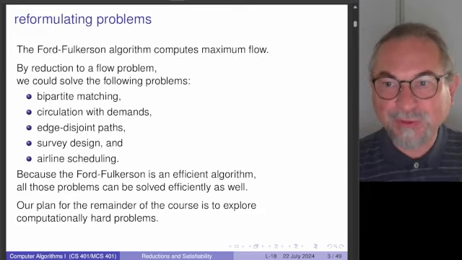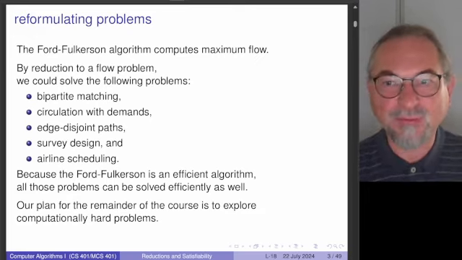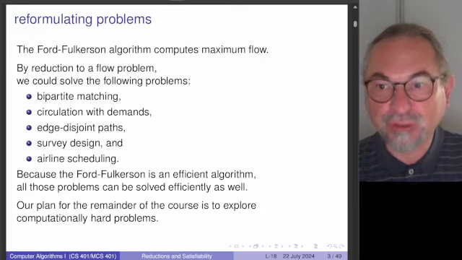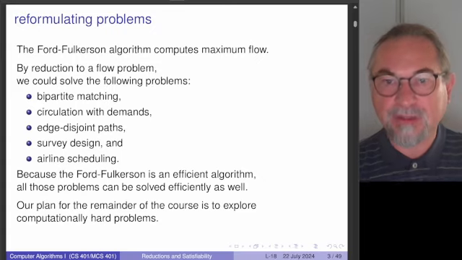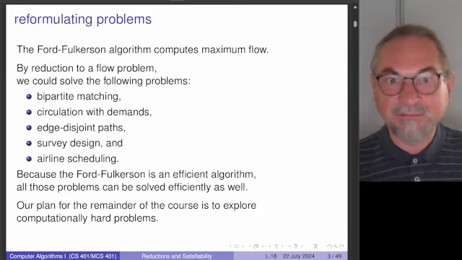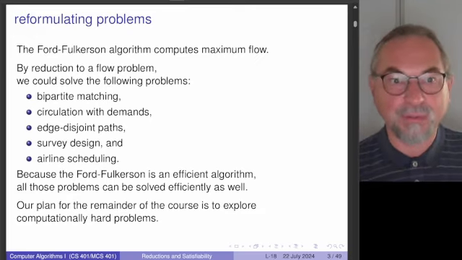Okay, what did we do last week? Well, we considered network flow, and in particular, we showed that the algorithm of Ford-Fulkerson, an iterative algorithm, provides efficient algorithms for a whole range of seemingly very different problems.